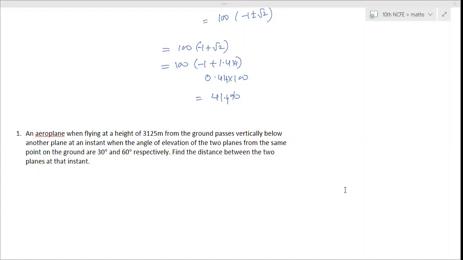Ma'am, we should solve this now. Okay, ma'am, this is not quadratic. This is the other chapter. No, this is not a quadratic equation. Quadratic equation we already have finished. This is a test question, ma'am.